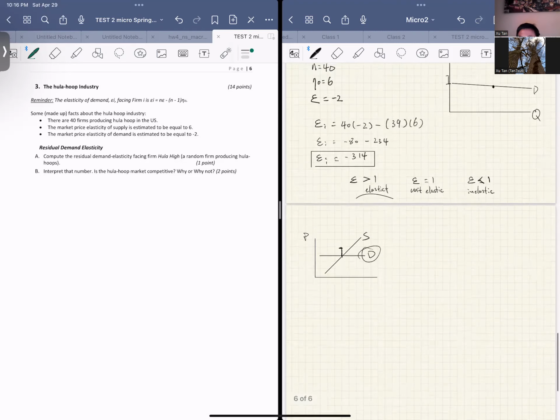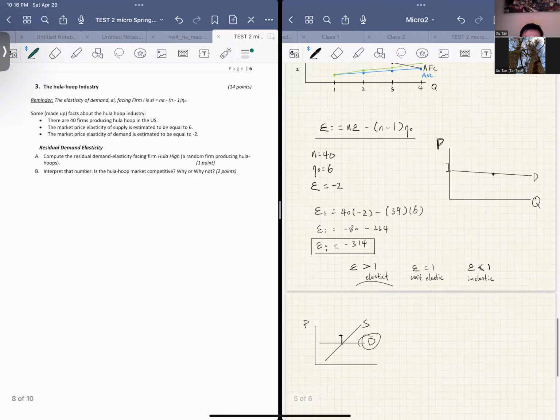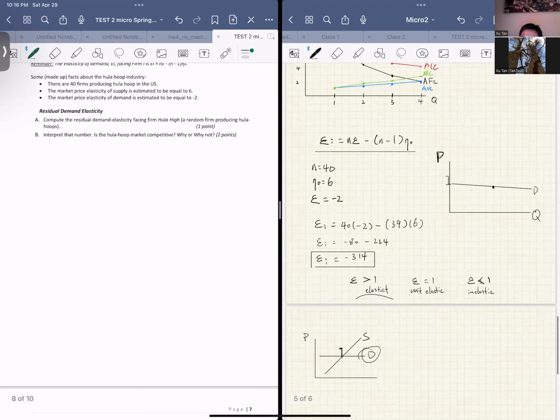Okay, so perfect competitive market. In this case, a change of 1% on price.